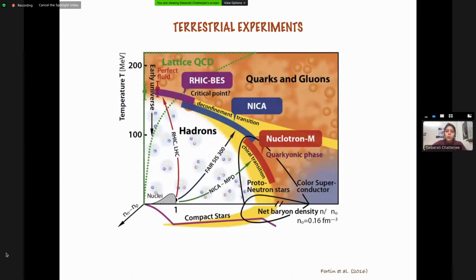So we more or less agree that in these heavy ion collisions, at around 2 to 3 times saturation density, some strangeness containing matter is produced.